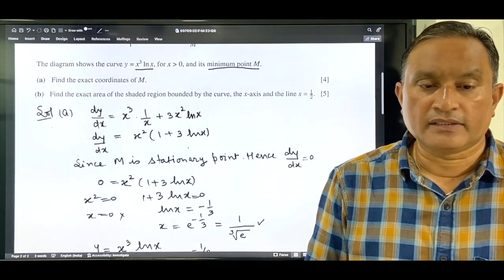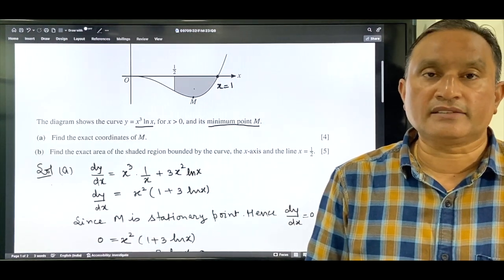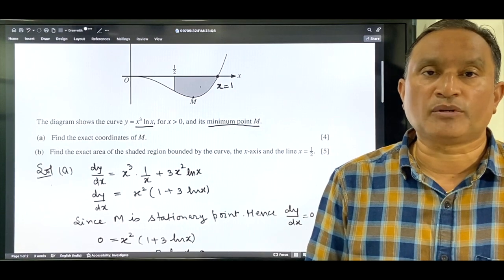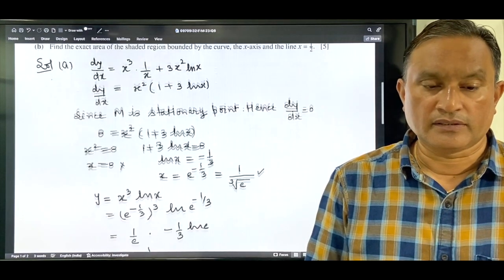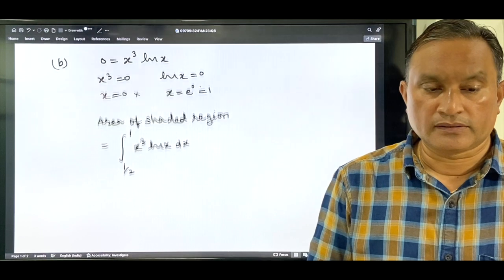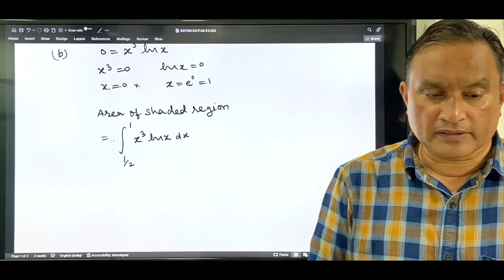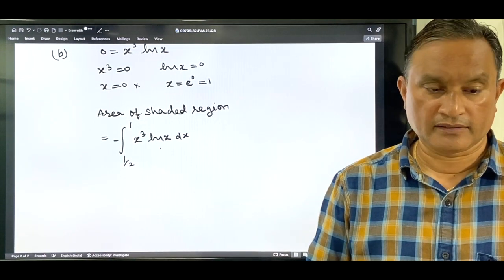Another thing, since the entire shaded region is below the x-axis, we will be writing a minus sign here.